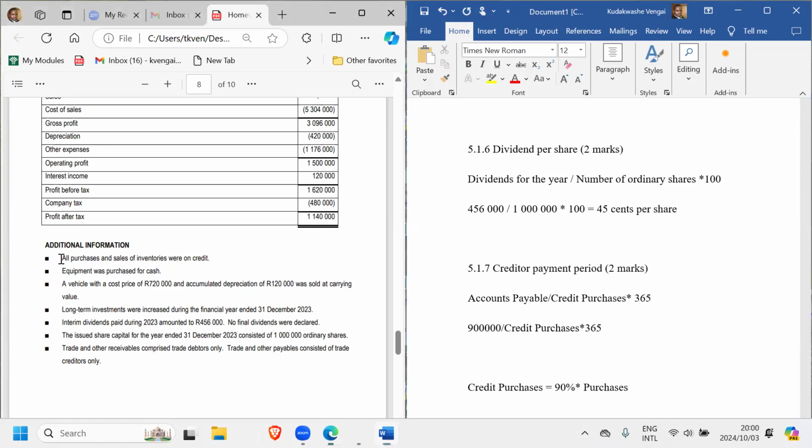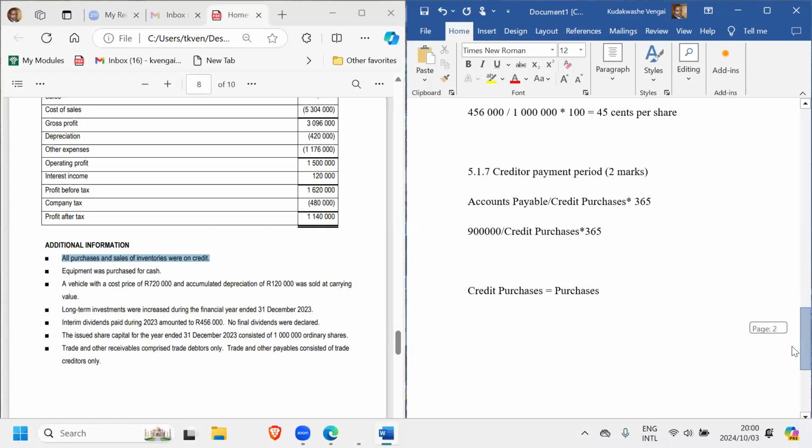And then this statement here says all purchases were on credit, which means that I don't need to multiply to get credit purchases. My credit purchases are exactly my purchases figure because all my purchases were on credit. None of them were on cash. Now, you might ask me, James, yes, you have told me that, but I still don't see where the purchases are. So how do I calculate these purchases that you're talking about? How do we do this?